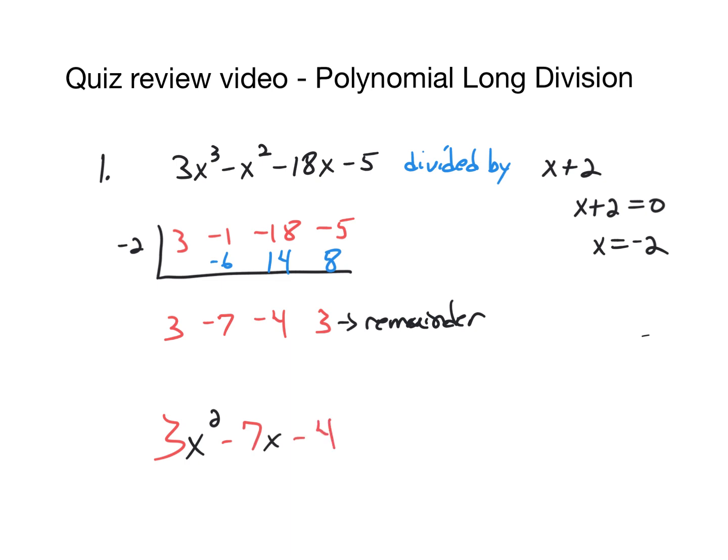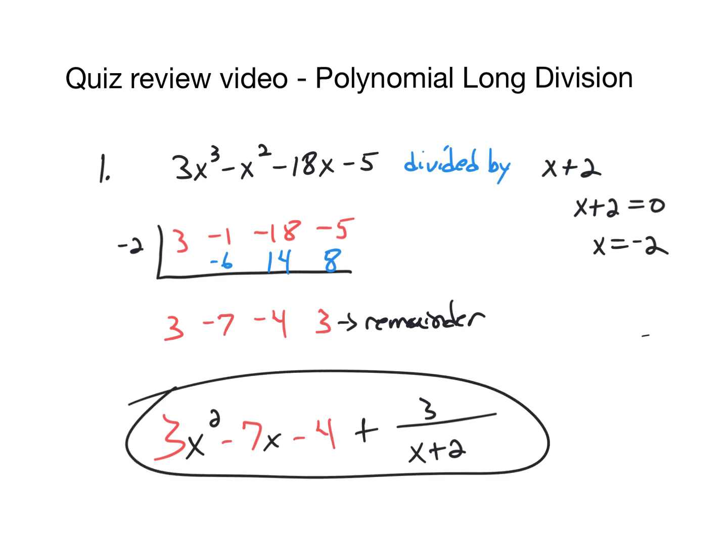We are left with a remainder of 3. The way we would write the remainder is plus 3 over what we were dividing by originally, which is x plus 2. So that would be the solution to this division problem, or the quotient.